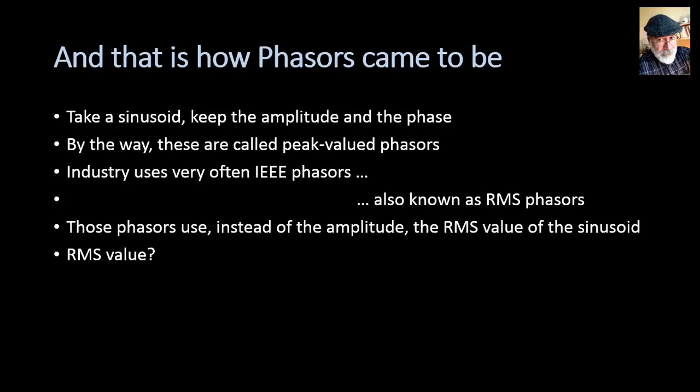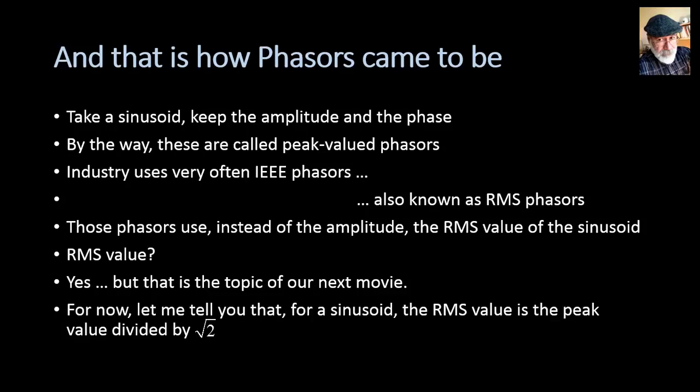The RMS value of the sinusoid. I will not expand on that concept because that is a topic of a whole other movie. For now, let me just say that for a sinusoid, the RMS value is the peak value divided by square root of 2. That's all.